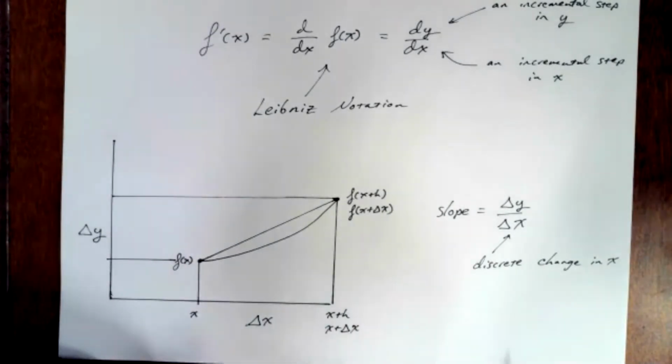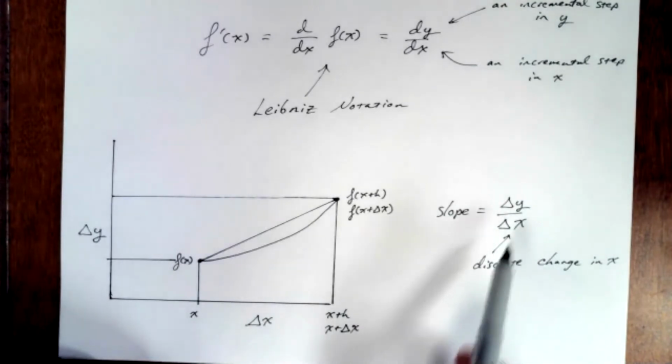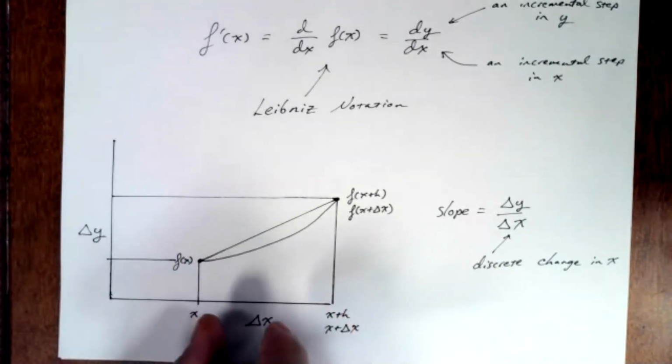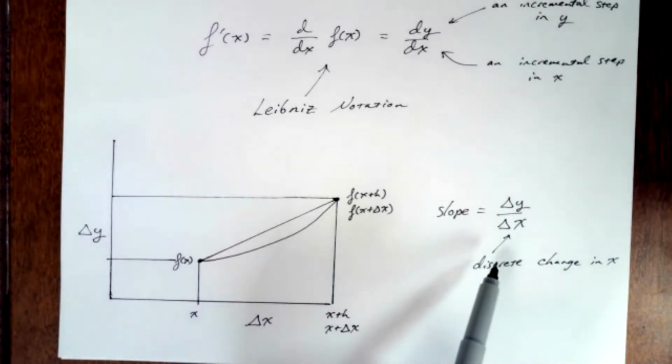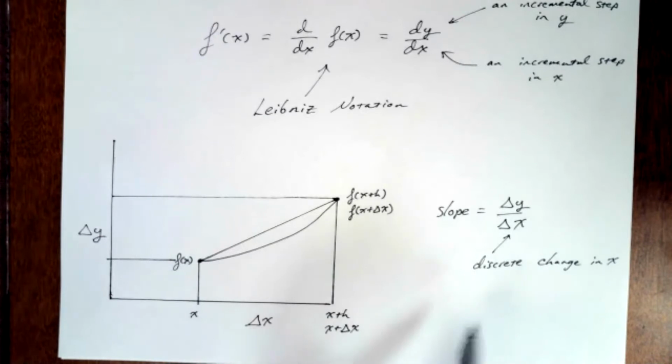But when I take the limit of this and delta x gets infinitesimally small, it is no longer discrete. It's no longer measurable.